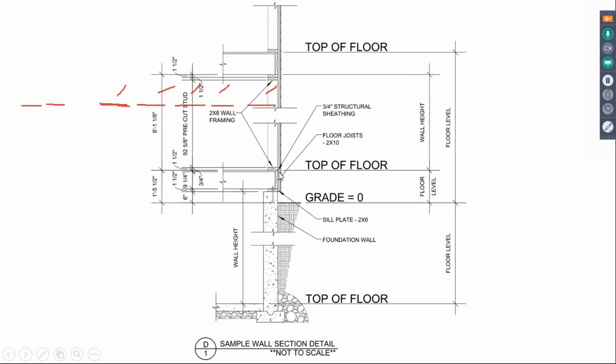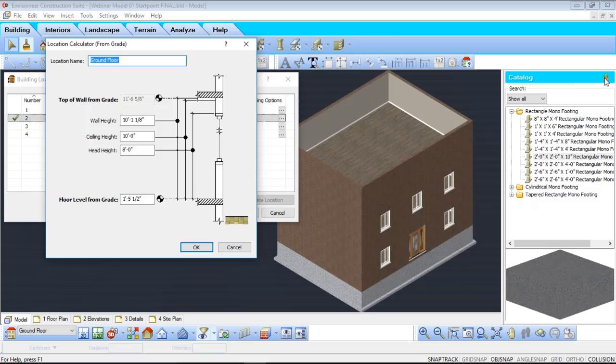And so our wall height is from the bottom of the sill plate, or the top of the structural sheathing of the floor below, which is our floor level, to the very top of the double top plate.